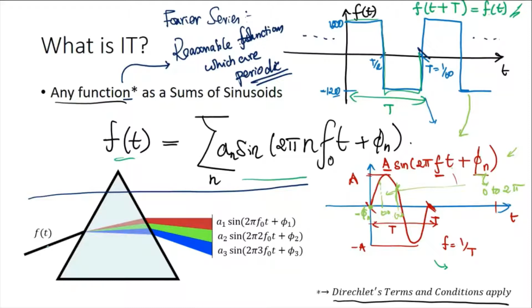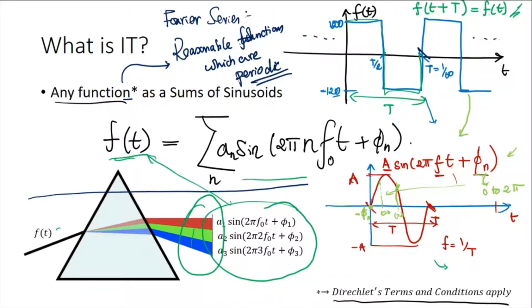The common physics example is white light being made out of a bunch of colors: R, G, B, and all these other colors combine and you get white light. In a similar manner, any periodic function is made out of a bunch of sine waves put together. What these sine waves are will come in the later sections of this lecture.